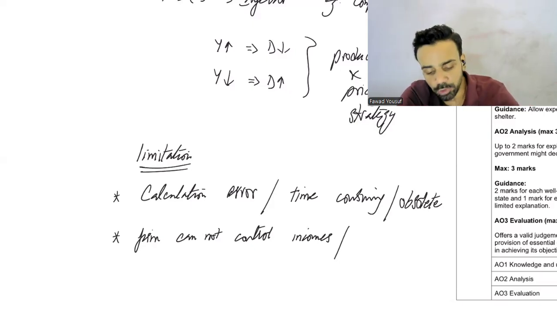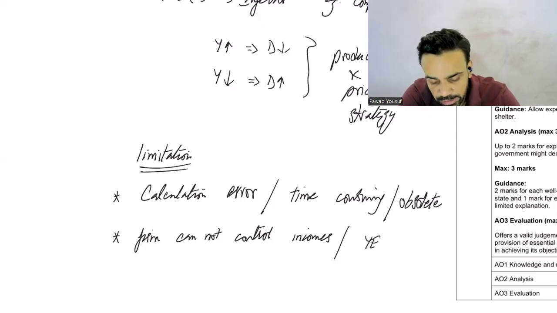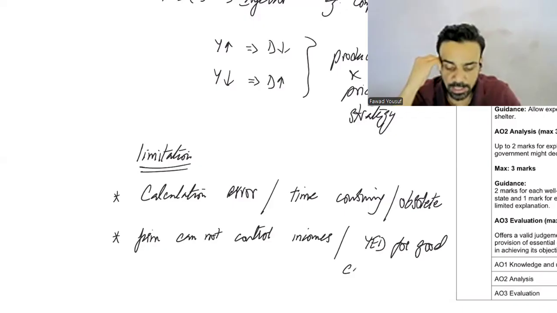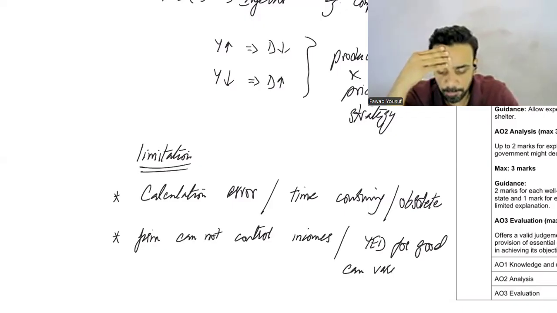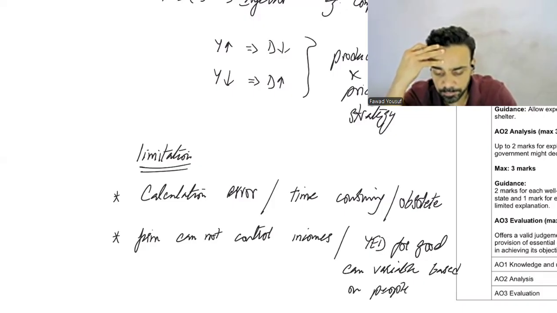अच्छा, एक और problem जो है, YED for goods can vary based on people's income.